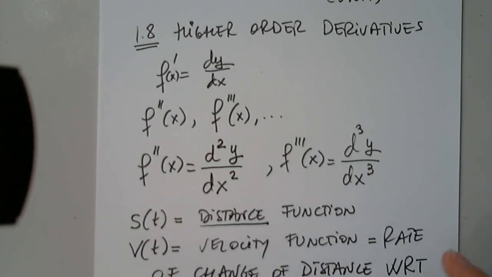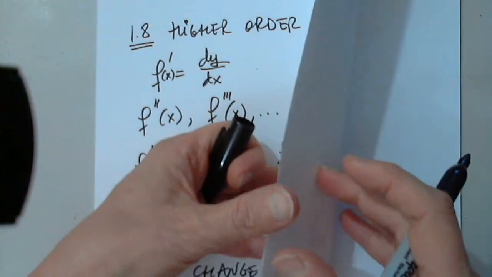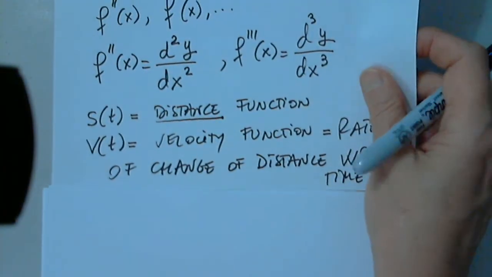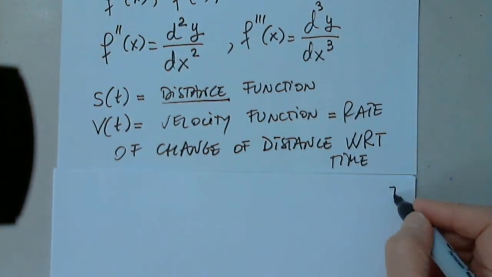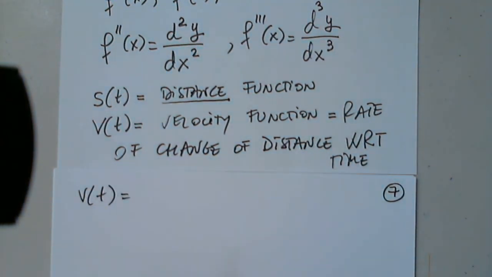So then what will equal velocity? If I have the distance function, how do I find it?